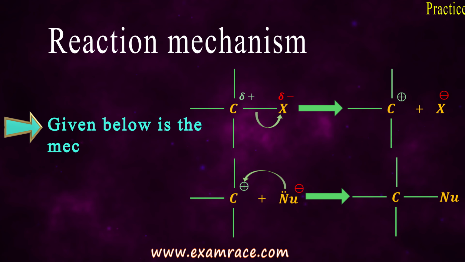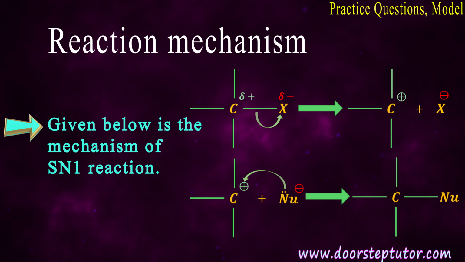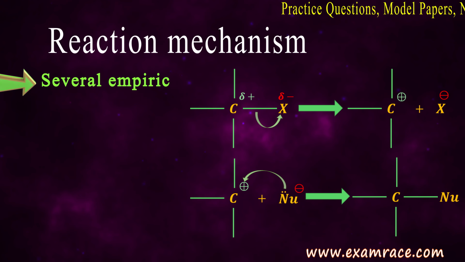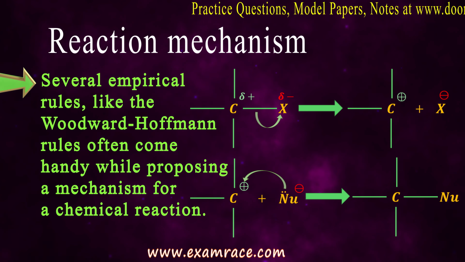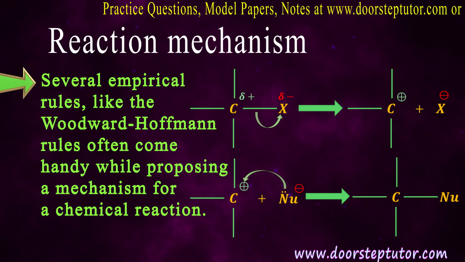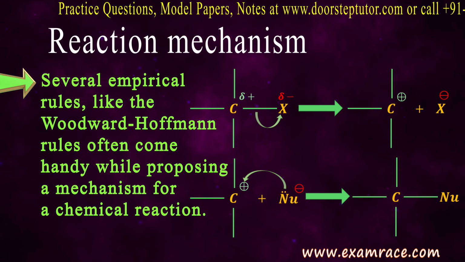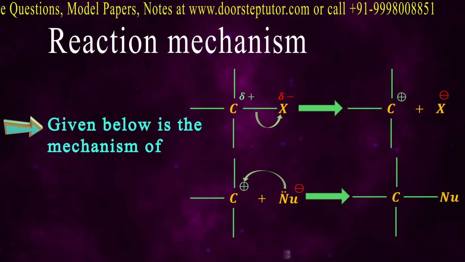Here you can see a mechanism of the SN1 reaction, and these mechanisms follow some rules, for example the Woodward-Hoffmann rules. These rules are proposed to help understand mechanisms. So you can see here the SN1 reaction.